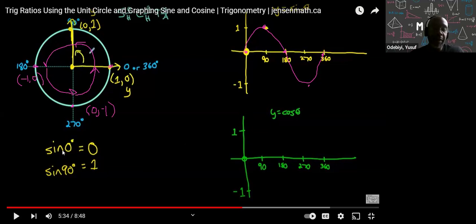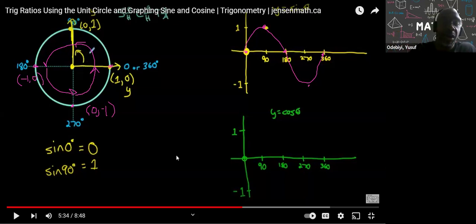So if I'm looking at the sine of the angles, sine at 0, we know the y values are my sine theta. This is the main thing I'm going to write on the screen here, and I want you guys to see that.